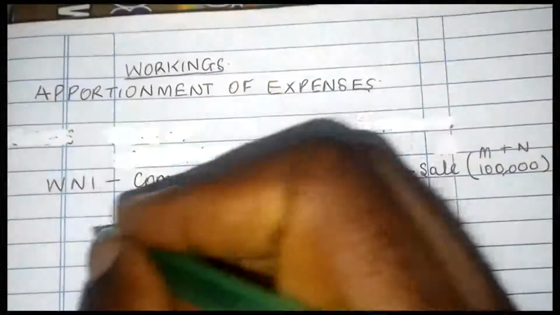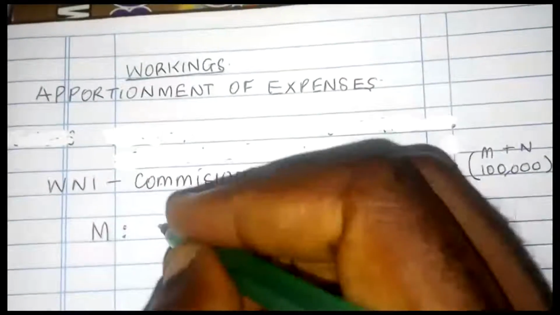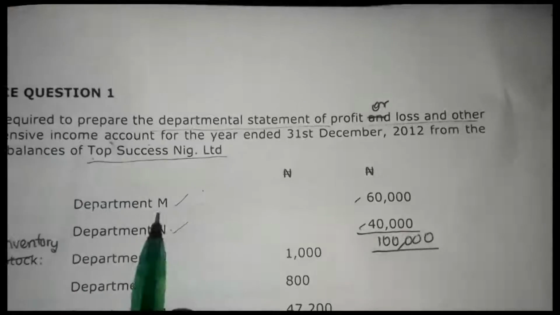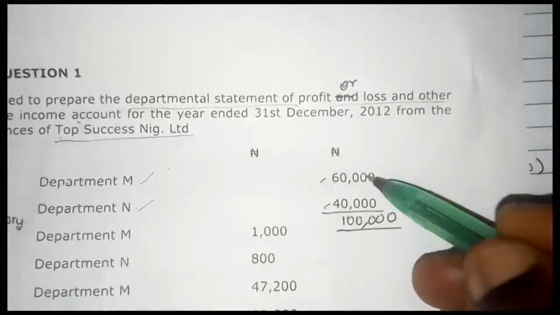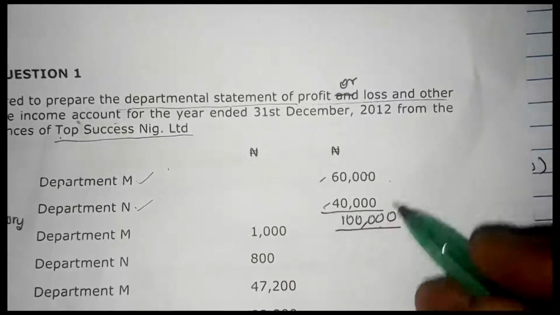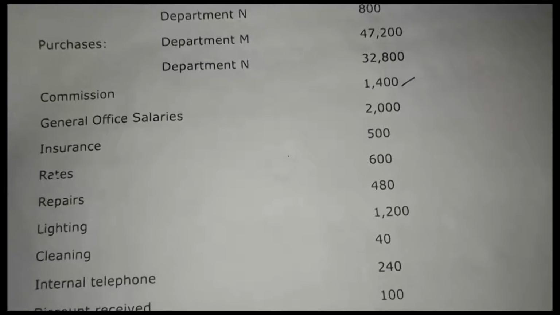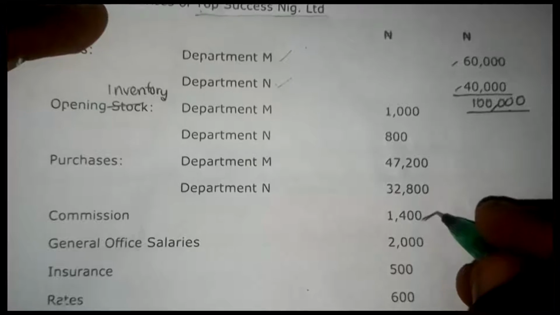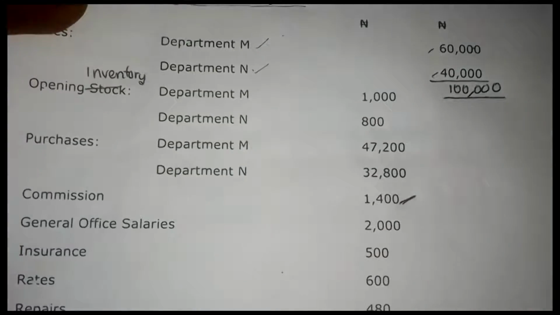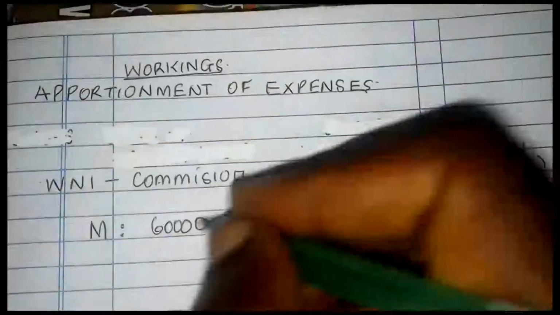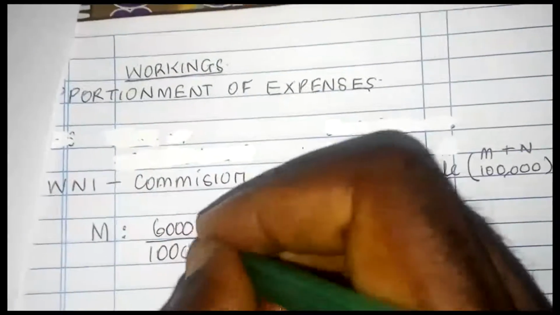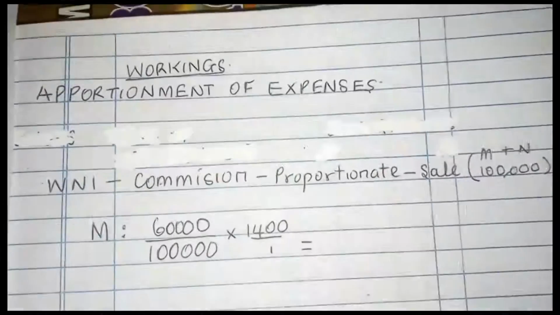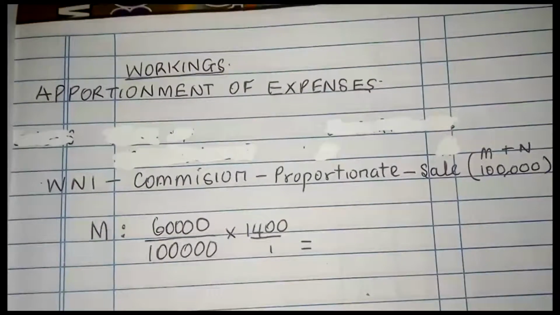So for M, the sales of department M is 60,000. So I will say 60,000 divided by 100,000 multiplied by the total commission. The total commission is 1,400.